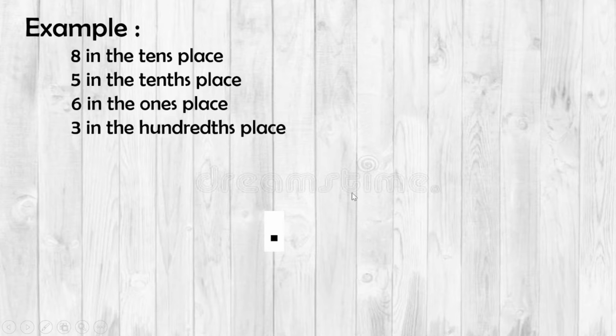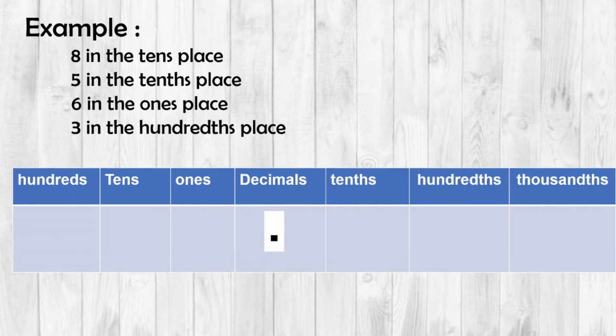Para hindi ka malito, gumawa ka ng table. Isulat mo yung place value. Okay? Ayan. So, sinulat natin yung place value from left to right. Nasa gitna yung decimal. Yung number na before ng decimal, we have ones, tens, and hundreds.